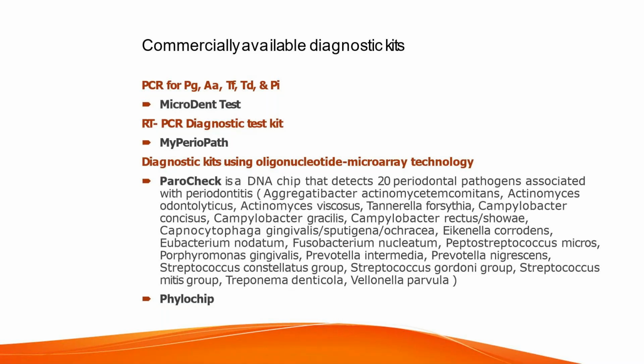Then we have the RT-PCR test, which is myPerioPath, and diagnostic tests using oligonucleotide microarray technology, which is SparrowCheck. It is a DNA chip that helps us detect almost 20 periodontal pathogens associated with periodontitis, that is inflammation of the gums. Or you have PhyloChip.